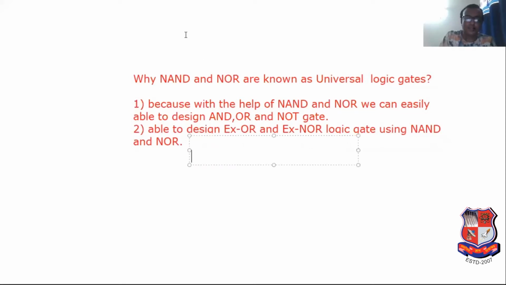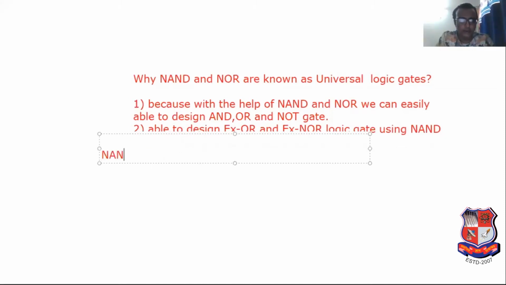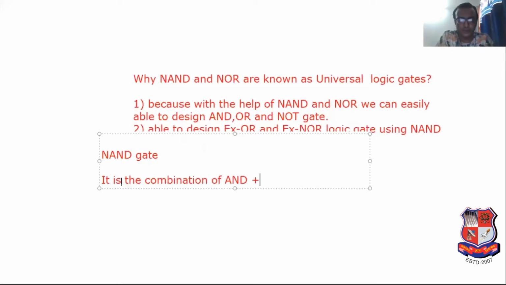Now, what is the symbol of NAND gate that I have described here? Next point, the NAND gate. It is the combination of AND plus NOT gate. I have sketched here the symbol of AND gate.